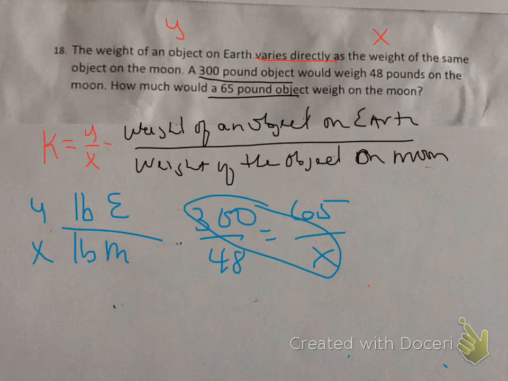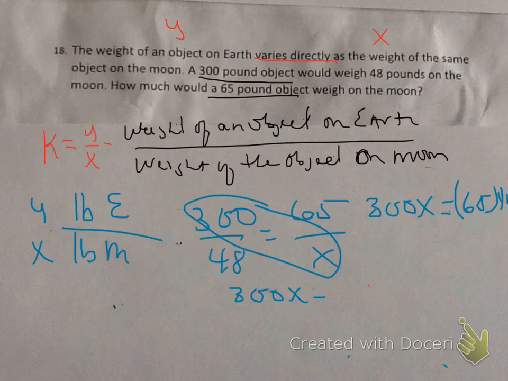And then this is where you can do your cross multiplication, where you take 300x and then you multiply 65 and 48. So 300x equals 65 times 48. You multiply those two and you get 3,120.